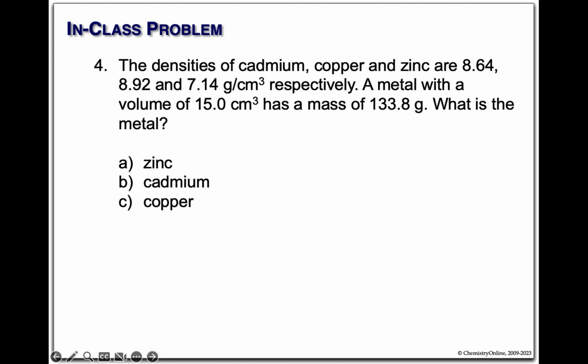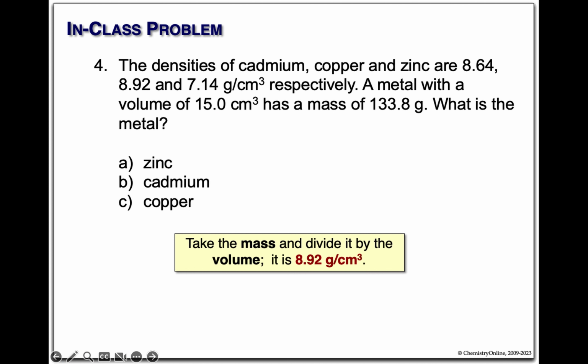Just like Archimedes, what you have to do is calculate the density. Once you calculate the density, you can identify the metal. Mass divided by volume gives 8.92. That's the middle guy. We're at copper.